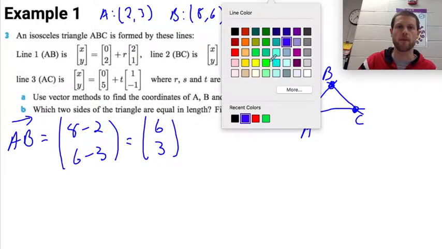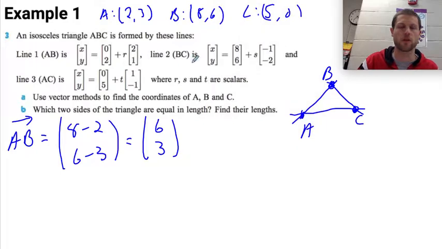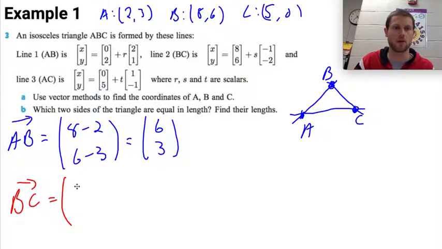That's vector AB. Let's next do vector BC. That's going to be subtracting the coordinate B from the coordinate C. So 5 minus 8, and then 0 minus 6.